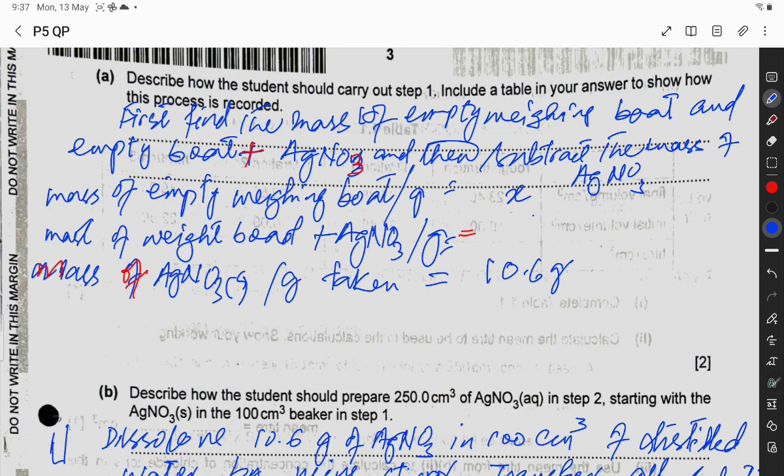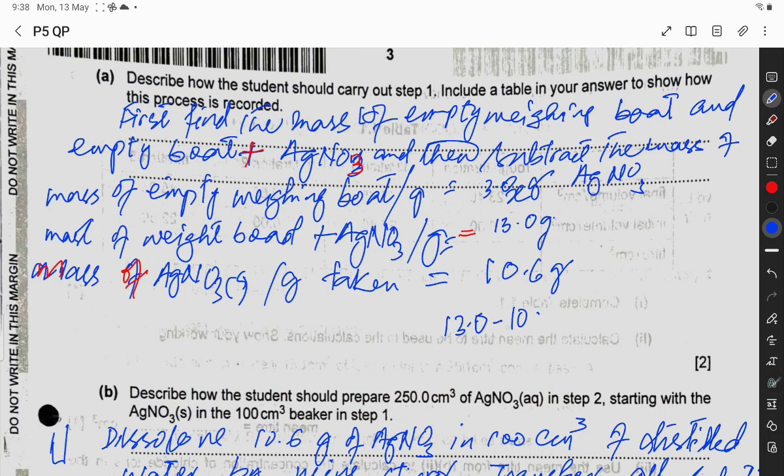Mass of the weighing boat plus silver nitrate, because silver nitrate taken is 10.6 gram, let's say it is 13.6. And the weight of the empty weighing boat, let's say that it is 3.0 gram, and the mass of empty weighing boat plus AgNO3 is 13.6 gram, and the mass of AgNO3 is found by subtracting.